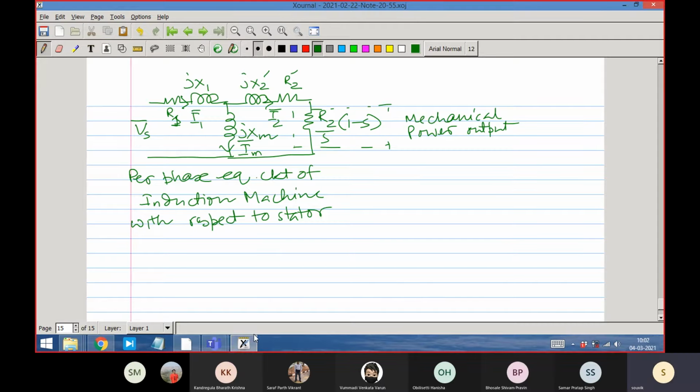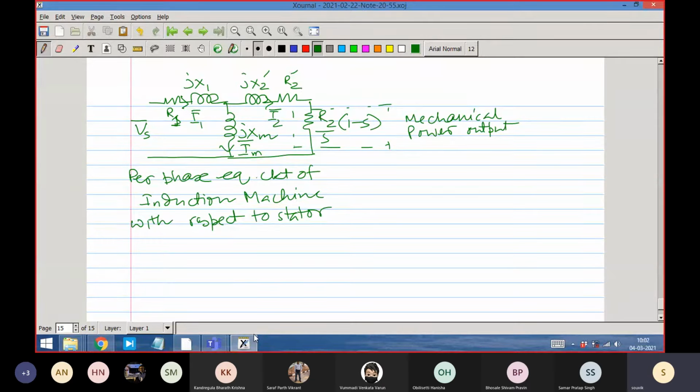So we developed the equivalent circuit of an induction machine, which is very simple, and some of you may note that it more or less looks like a transformer.